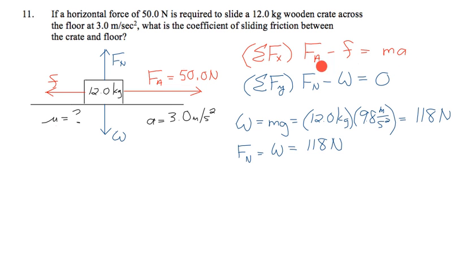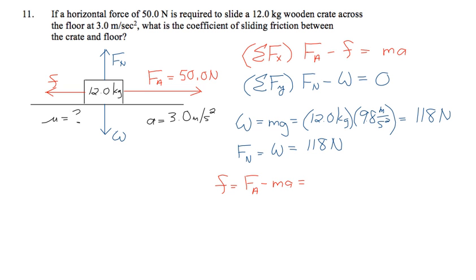So I'm actually going to use these three to get friction. If I take this equation here and I rearrange it to solve for friction, I'd basically be putting friction on the other side and Ma on that side. So my equation for friction is going to be Fa minus Ma. Does everybody follow that, where that comes from?